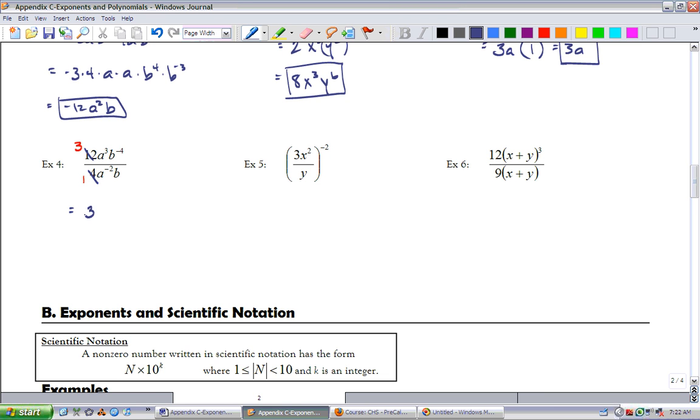So I'm going to end up with 3 times a to the 3 minus negative 2 power, and b to the negative 4 minus 1 power, which ends up equaling 3a to the 5th b to the negative 5th. And we usually don't want to write our final answer with a negative exponent, so since this means reciprocal, we would take that to the bottom, and that would be our final answer.